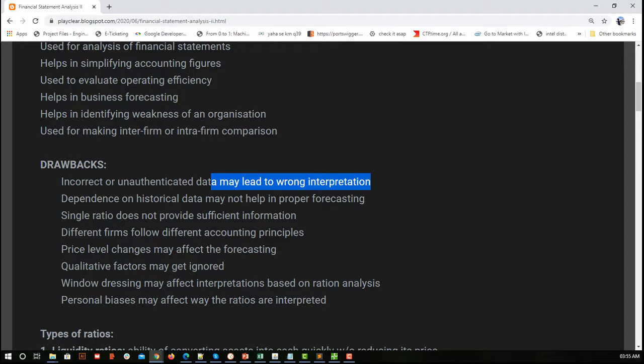Why? When the figure is in crores, even if 10 lakhs is gone, the effect will be slight compared to when it is brought down to a smaller scale, like 10. If 10 becomes 7 or 6, this small change in the ratio will definitely affect the interpretation highly. So that is one of the disadvantages.